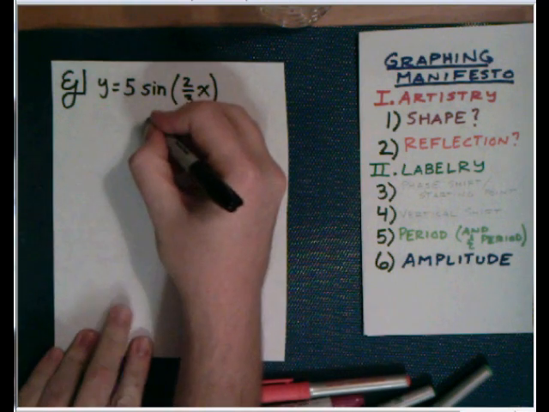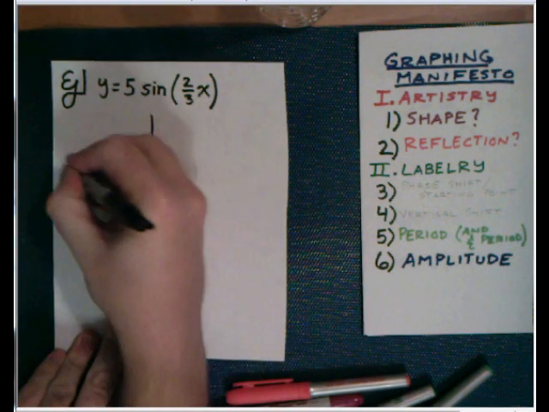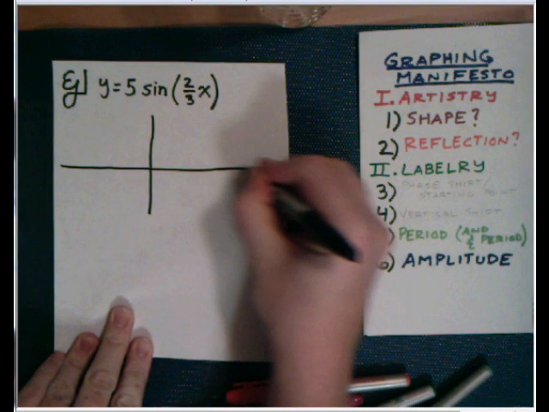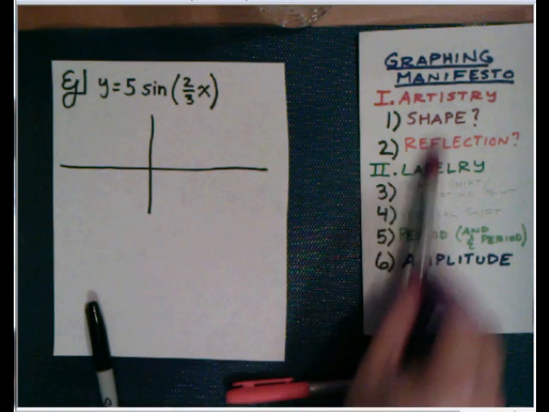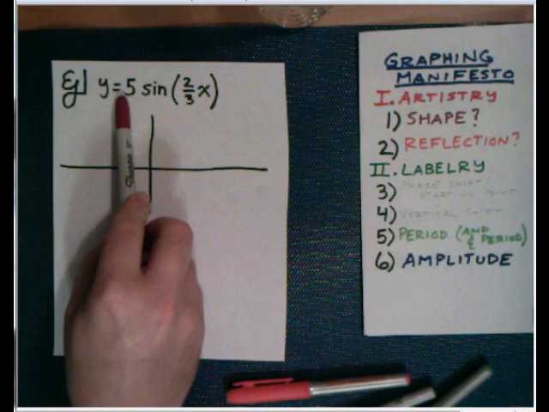Let's start off with what you'd have. So you'd have a nice blank graph paper, axes, or coordinate plane. And now we're going to start by analyzing this a little bit. I'm going to do more of this in my head than I did the last time. So first off, for the shape, this is a sine curve, and in fact it's a positive sine curve.